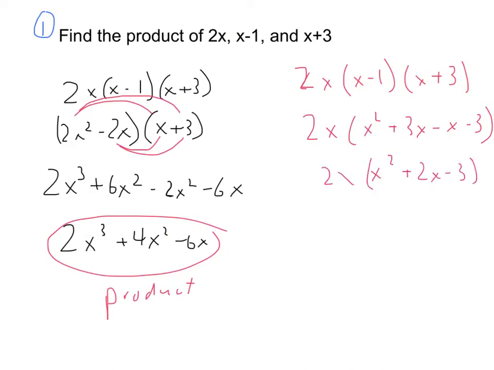And then if I multiply the 2x, distribute that, I would get 2x cubed plus 4x squared minus 6x. So really quickly, just want to demonstrate, you still get the same product at the end, because we have the same three factors that multiply together.